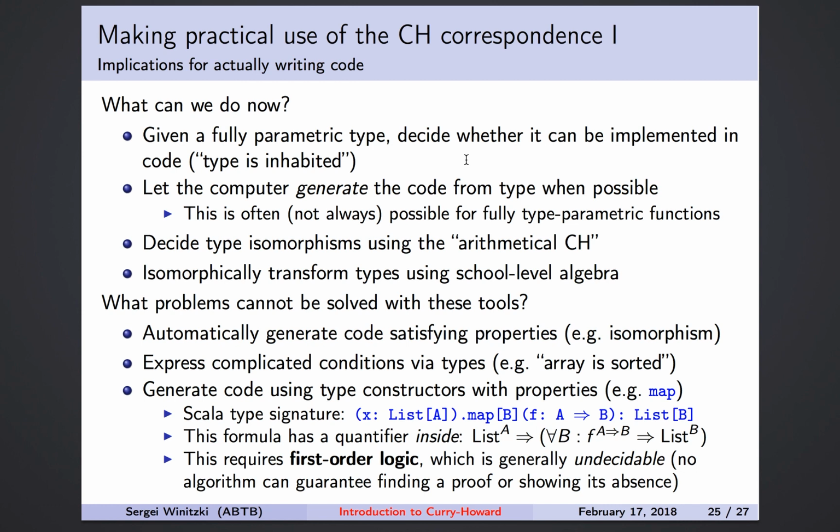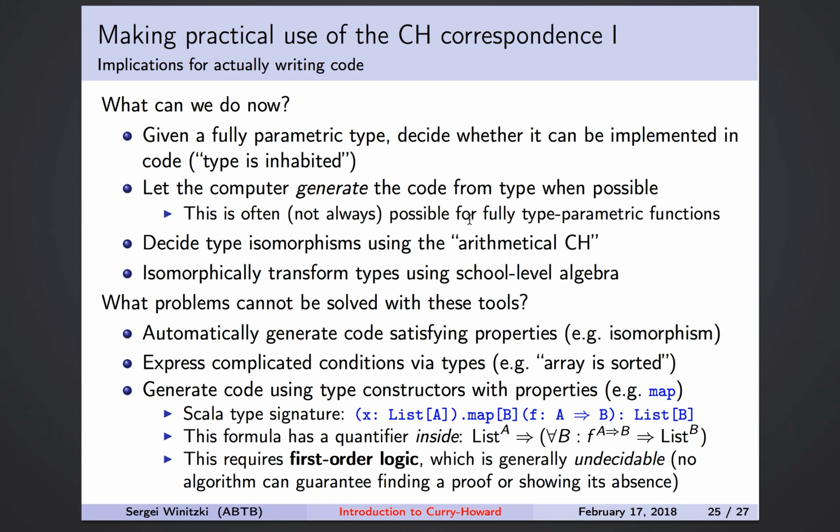So CH of t is this proposition which they call type is inhabited. And I prefer to call it just that. You can compute a value of this type, or code has the type. Code can create a value of this type. And so we have an algorithm that can also generate the code from the type when it is possible. If it is not possible, the algorithm will tell you so.